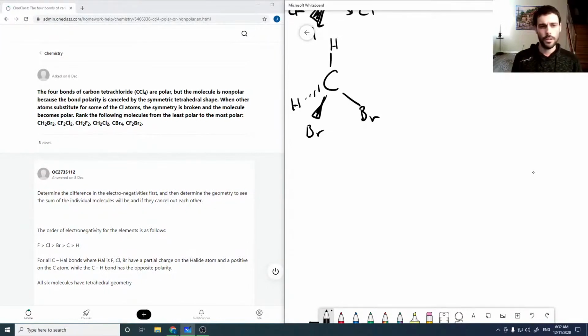Okay, so CF2, Cl2, C, that's supposed to be a wedge shape, F, Cl, and I'm not putting any atoms in any particular position for any reason. I'm just doing it based on wherever I decide to add it.